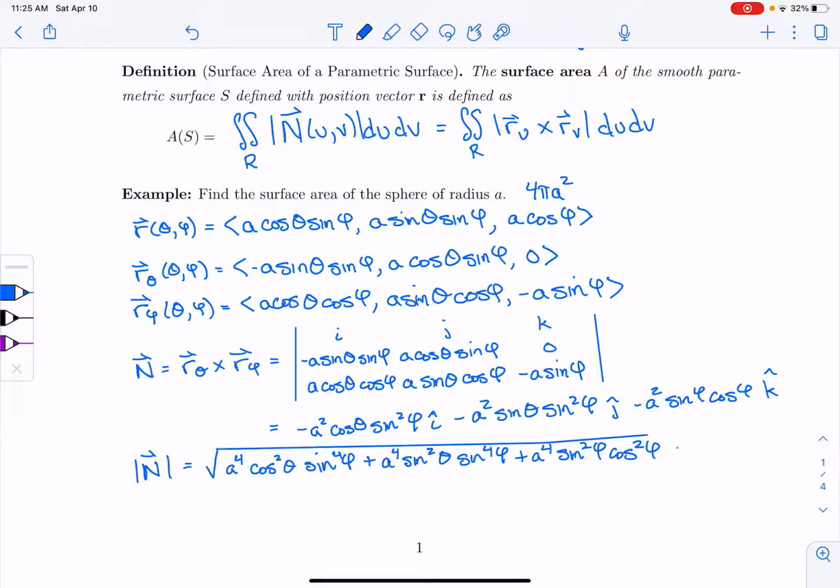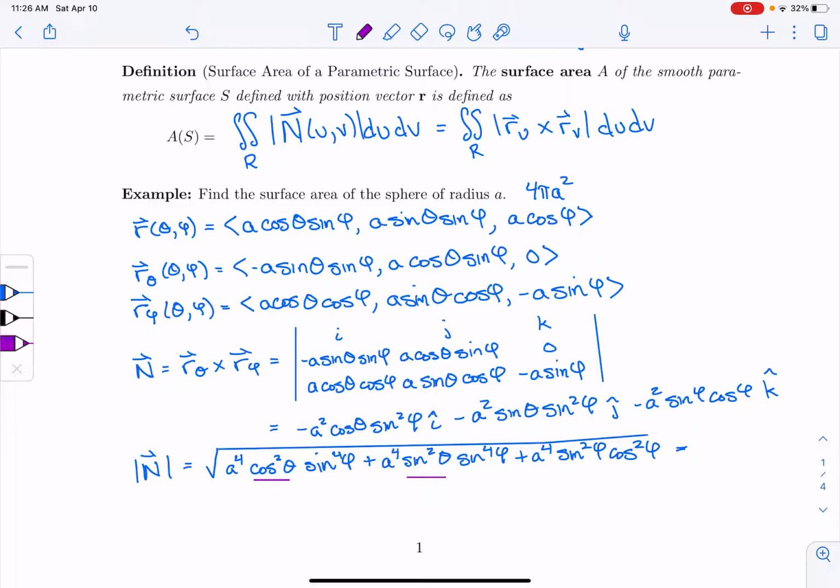Now this can be simplified because this cosine squared and that sine squared add up to 1. So that gives us just a to the fourth sine to the fourth phi.